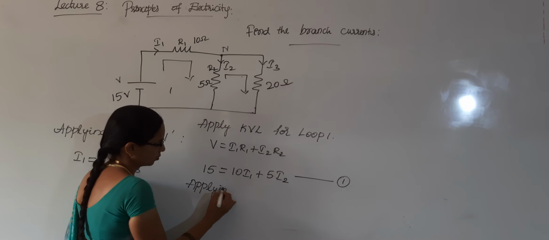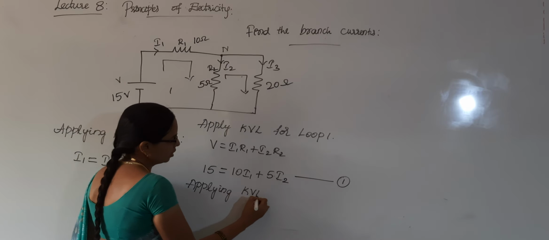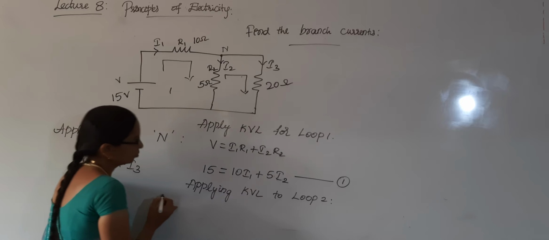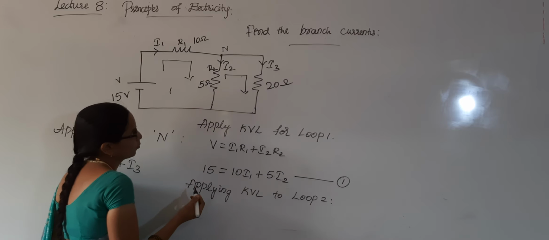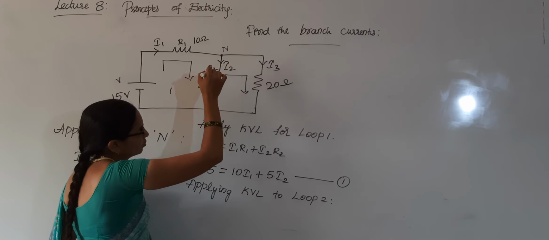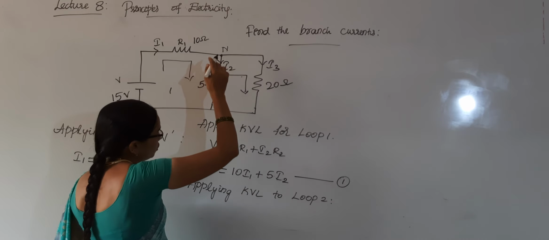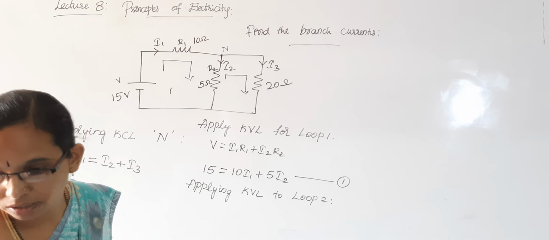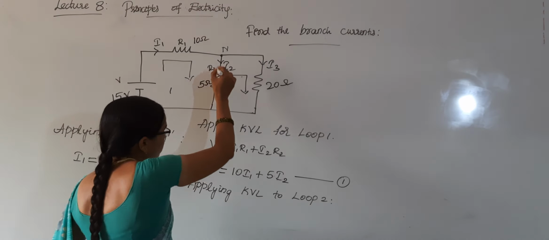applying KVL to loop 2. In this loop, I2 is flowing in this direction.